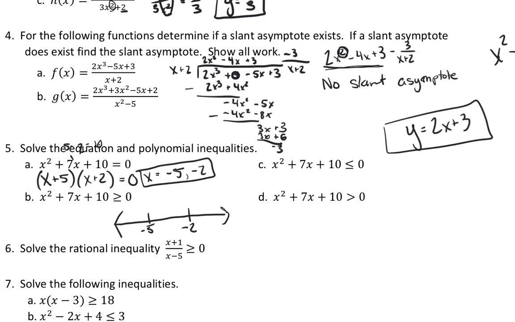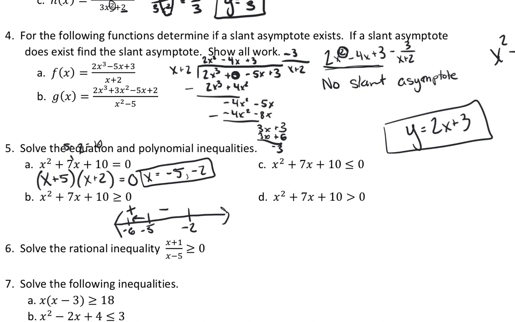If we were to plug in, let's say, -6 into our function, we would get 4, which is a positive number. So when we're this way of -5, we're positive. When we're in this section, we'll be negative, right?